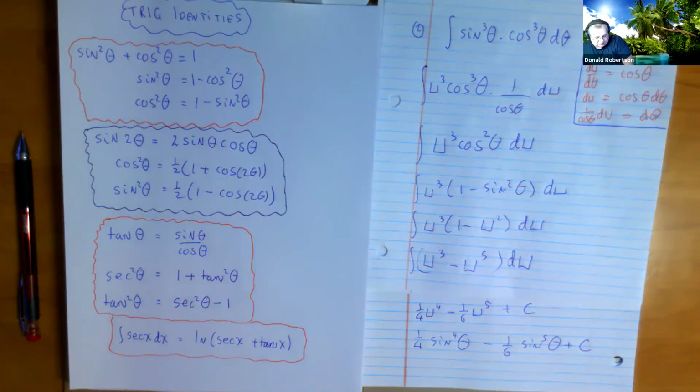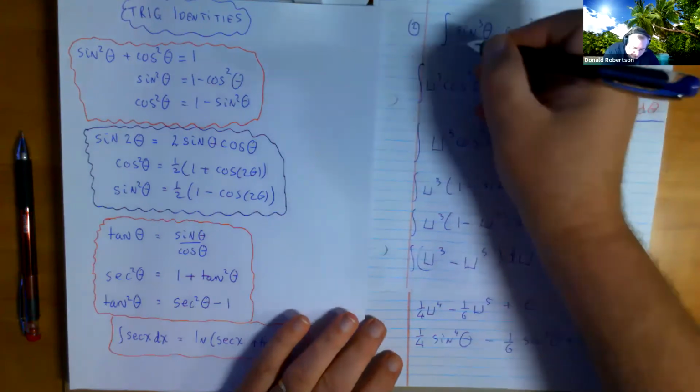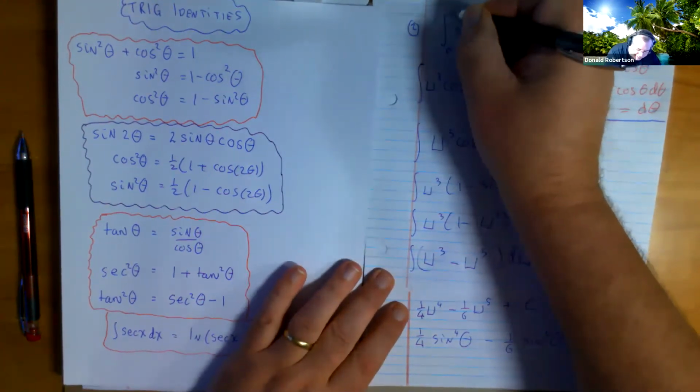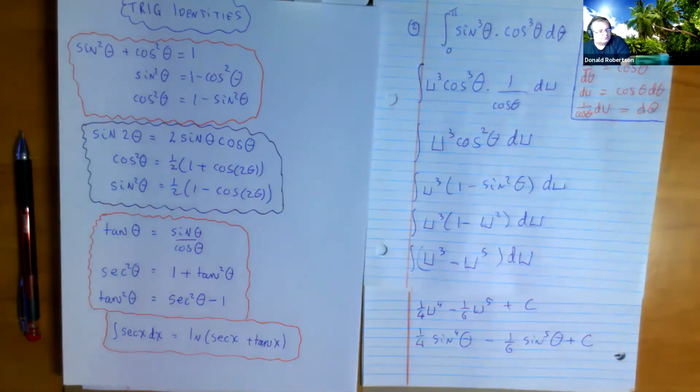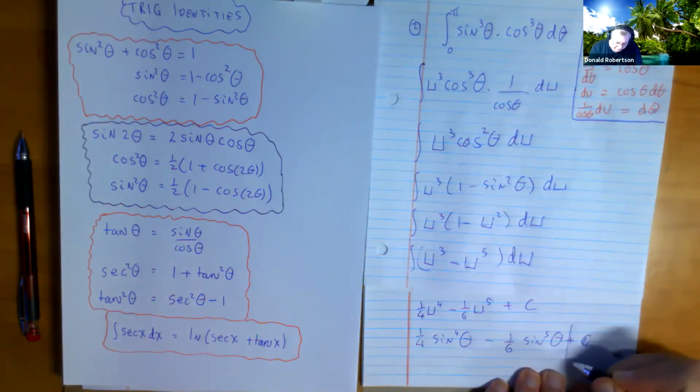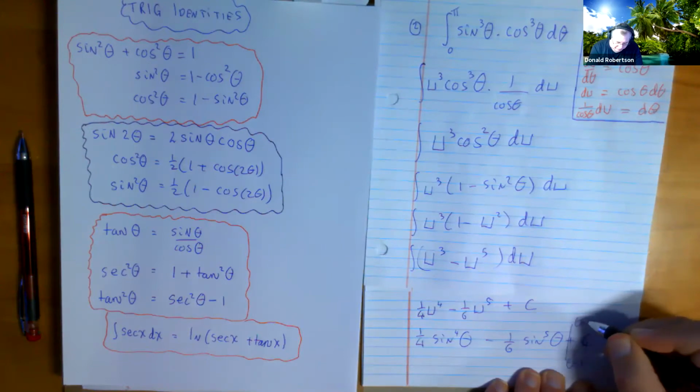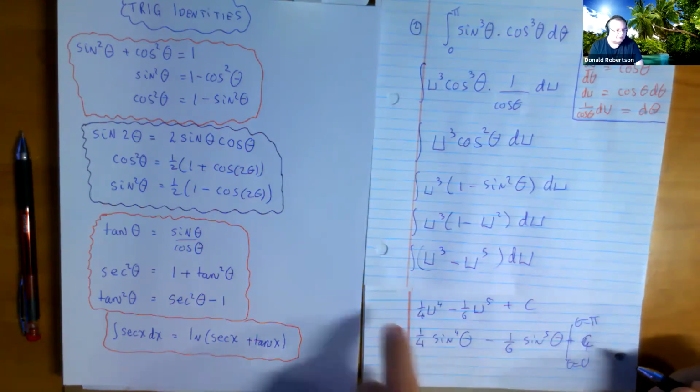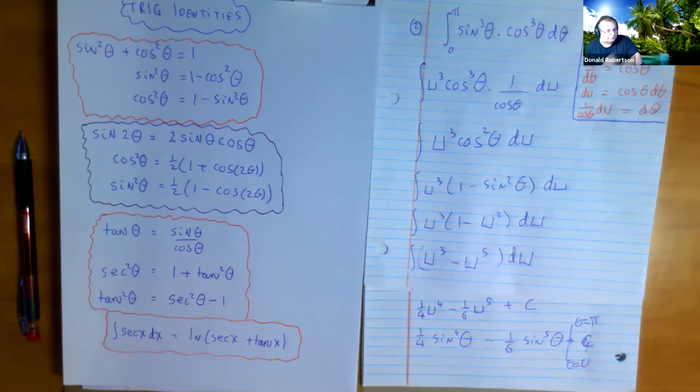Now, if the question is an indefinite integral, you have a plus c. If you don't put the plus c in, WebAssign is going to tell you you're wrong. On the other hand, if this was the integral from 0 to pi, then wouldn't this now become theta equals 0 to theta equals pi, and you plug in some numbers and you'd get, you know, whatever you got, right? 7/9 or something, or 0, or whatever.